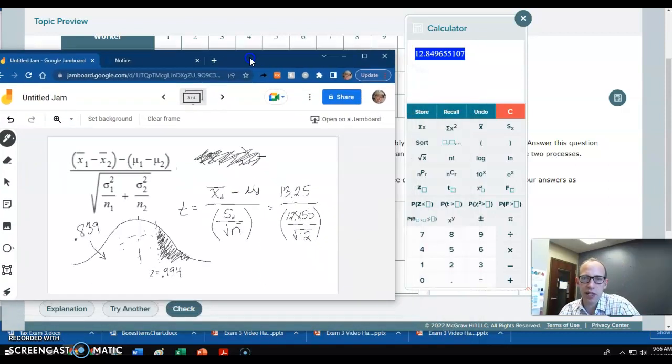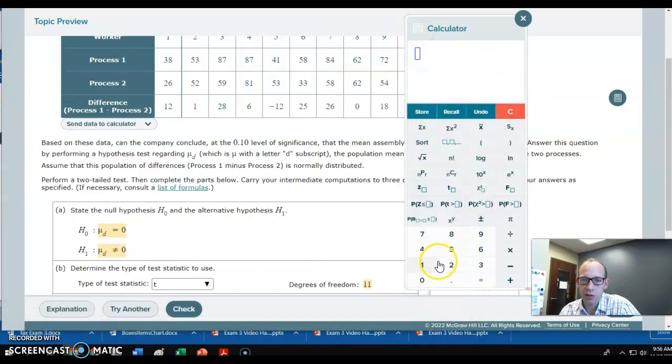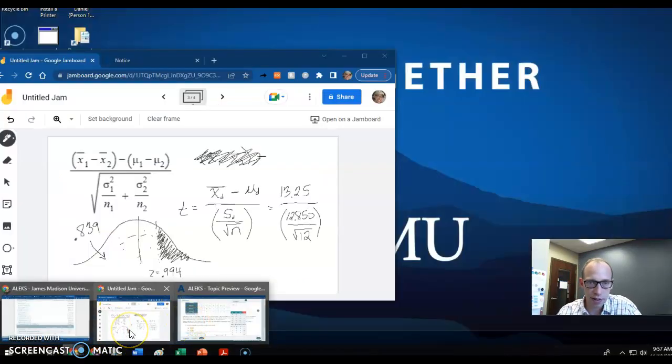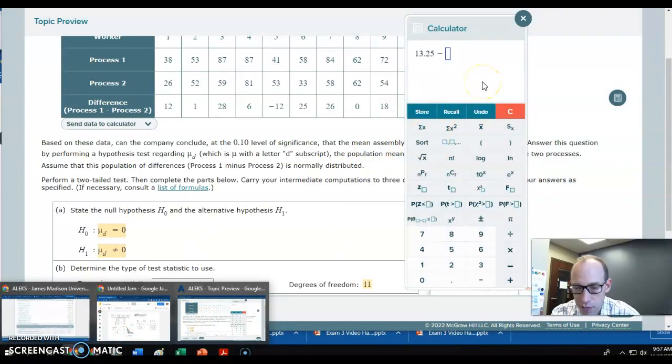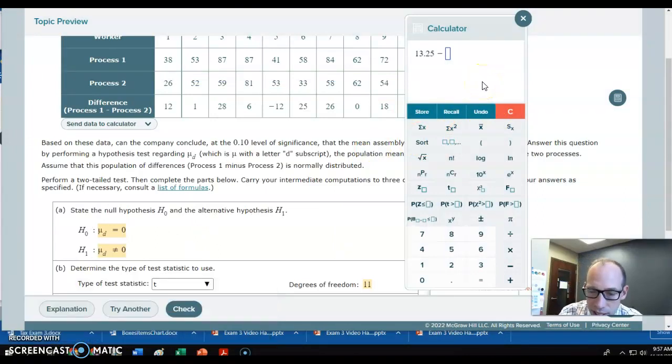So let's go ahead and do that on our calculator. So we'll do 13.25 minus, or sorry, not minus 0, if we want to do that, and then we can put this in parentheses.